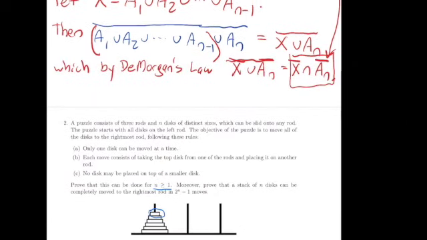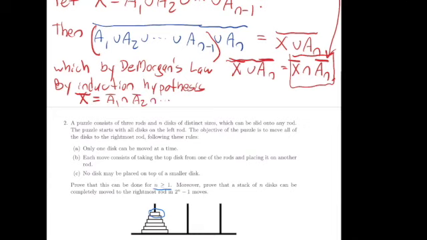So we can say by the induction that the complement of X is going to equal the intersection of all of these complements. And that basically crosses us over the finish line.